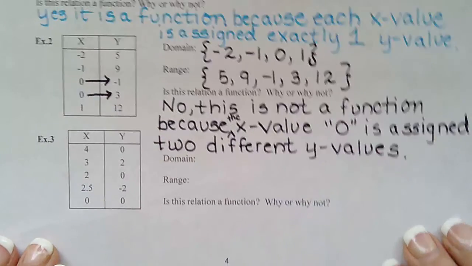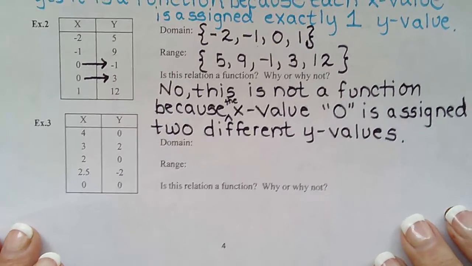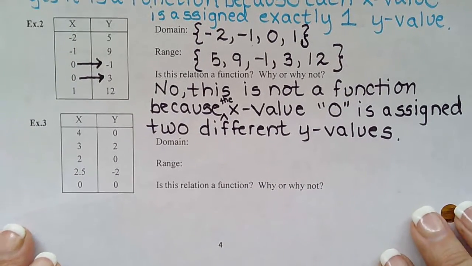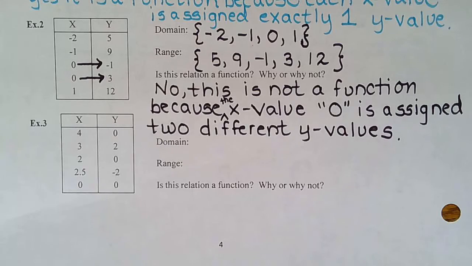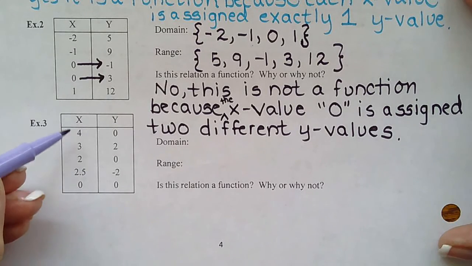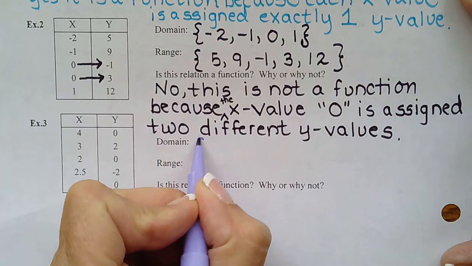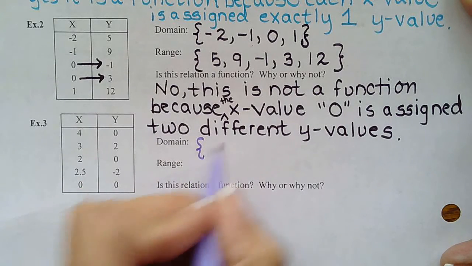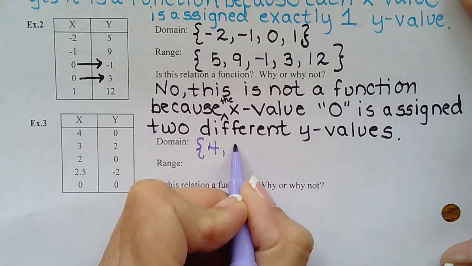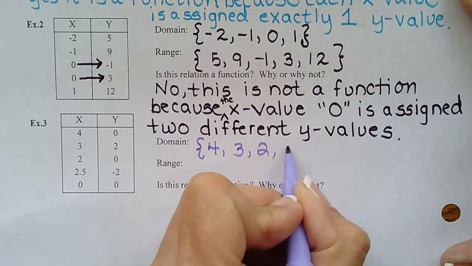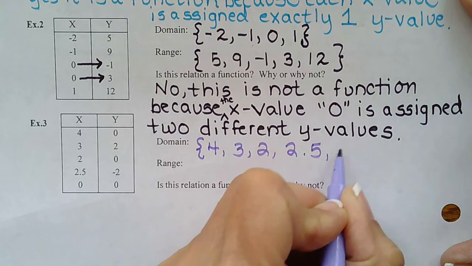One more to go. So like I said, if you haven't done this one yet, turn off the camera for a minute or turn off the video, do it on your own, and then we'll check it. Okay, domain, I look down here and I say, is there any element repeated? Nope. So we write each 4, 3, 2, 2.5, and 0.